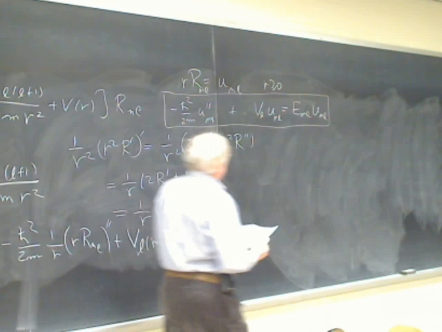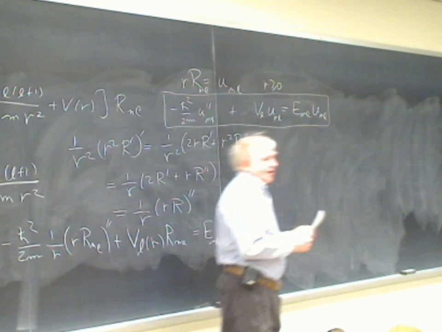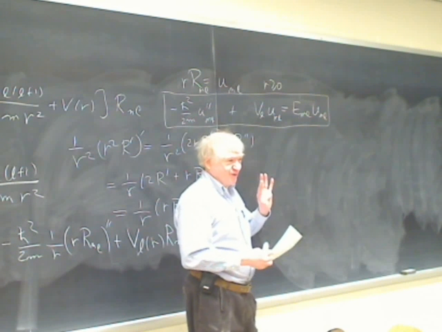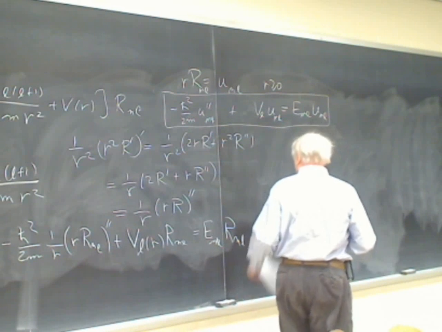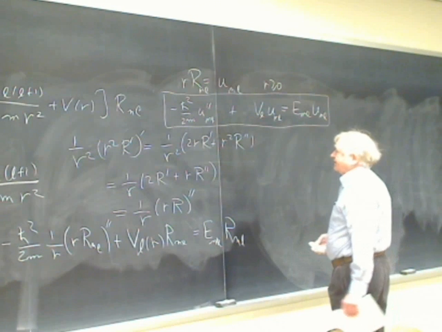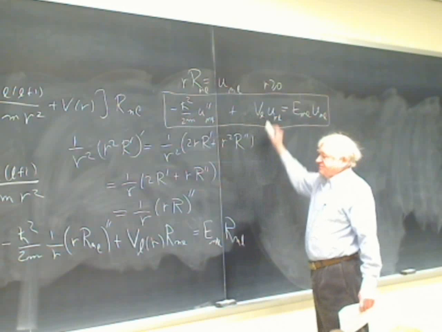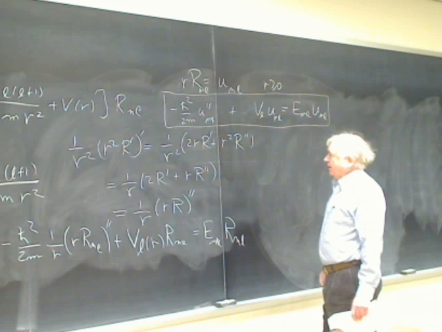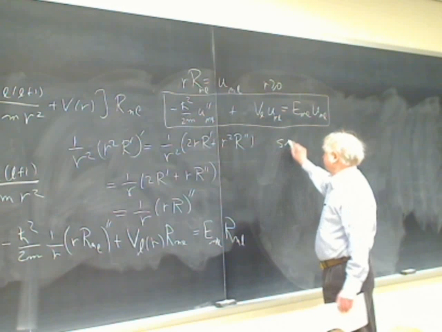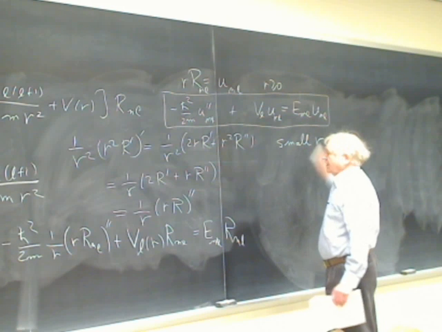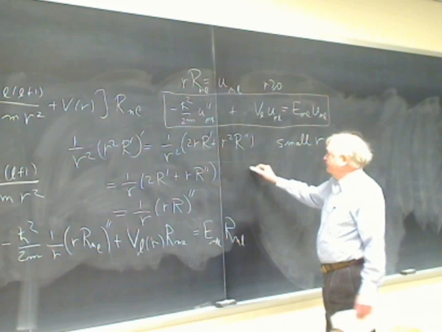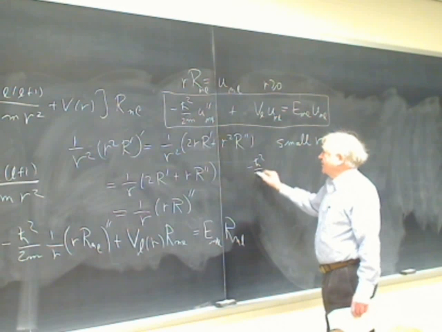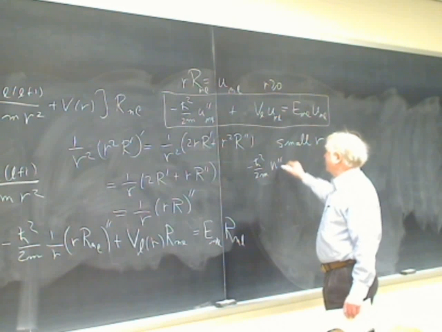I'm going to depart slightly from the notes here, so you need to watch me like a hawk, like four hawks. But I think it makes it a little bit simpler. Let's look at this behavior for small r. Well, for small r, what we have is minus h bar squared over 2m u double prime.